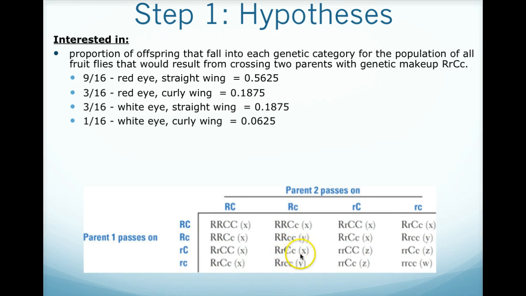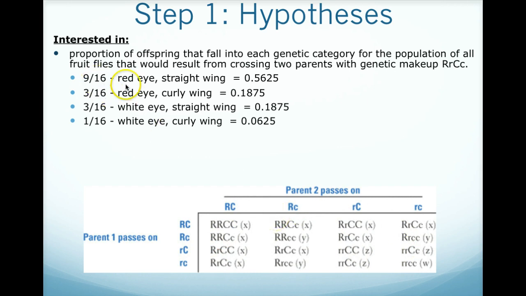So this would represent a red-eye curly wing fruit fly. Now notice in this case down here, I have two recessive genes for eye color, which would mean that's a white-eye fruit fly. And then I have a dominant curly wing, so that would be a white-eyed curly winged fruit fly. Now notice there's 16 possible outcomes.